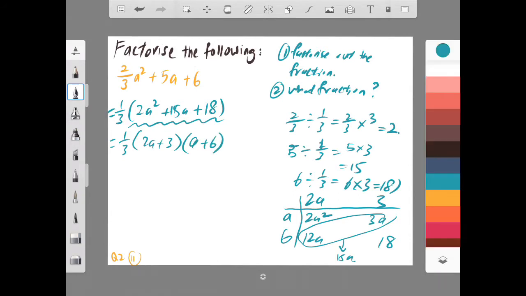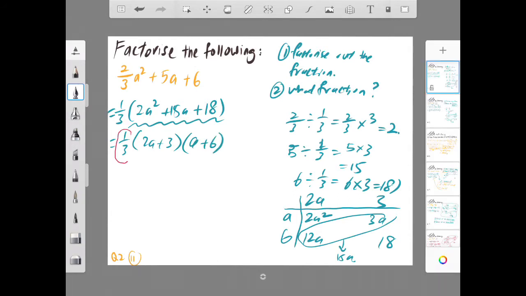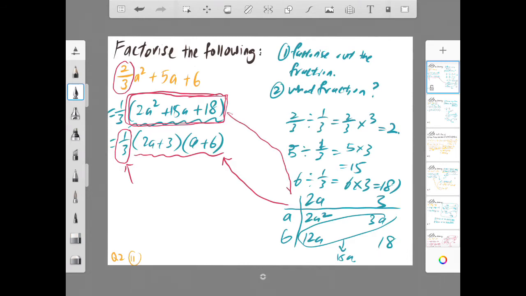Always take note, this is what you have factorized from the beginning, so be sure to write this in. And this is the part we derive from the multiplication frame. Just to take note, not necessarily do we factorize out 2/3. Sometimes we factorize out 1/3, for example, so purely it's the denominator. We have to make sure that what is left behind in the expression has no fraction, so that we are able to perform the multiplication frame in an easier way.